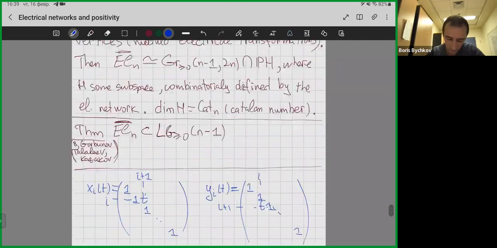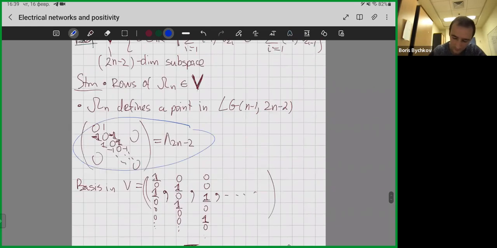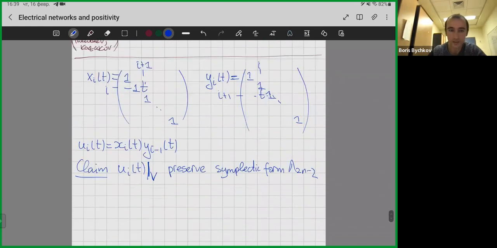In fact, the strategy is as follows: we can build an electrical network from a more or less empty electrical network by adding bridges and spikes.